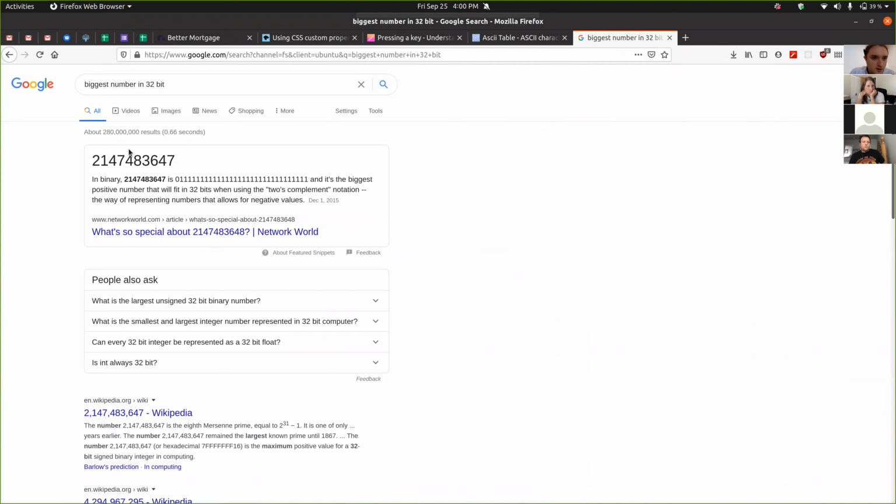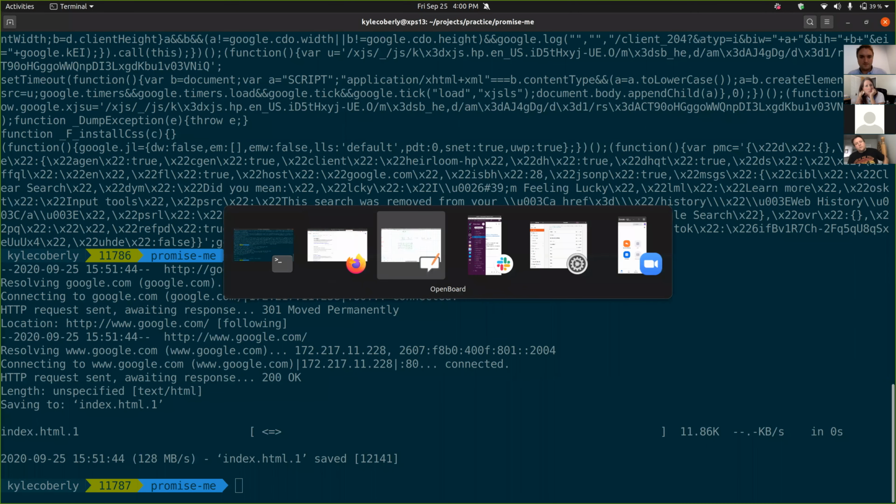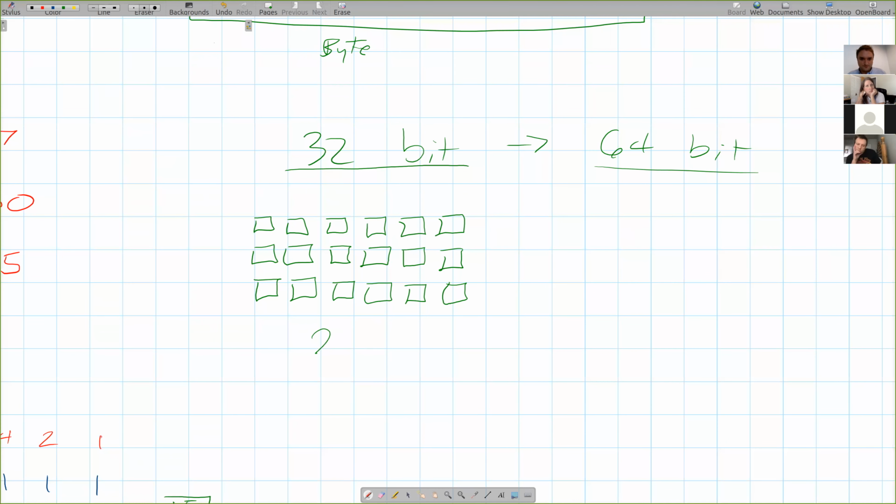All right, so hundreds, thousands, millions, 2 billion, 2.1 billion of these little boxes we can represent with that. Think of those like phone numbers or postal addresses or something like that.